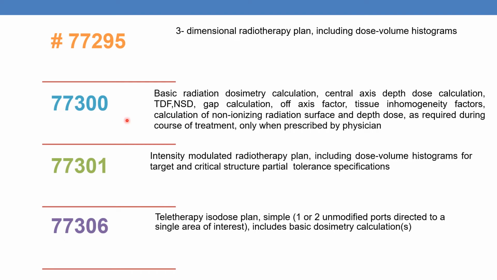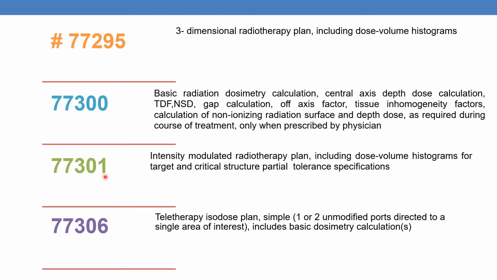The next is 77300, basic radiation dosimetry calculation, central axis depth dose calculation, TDF, NSD, gap calculation, off-axis factor, tissue inhomogeneity factors, calculation of non-ionizing radiation surveys and depth dose as required during course of treatment, only when prescribed by physician.